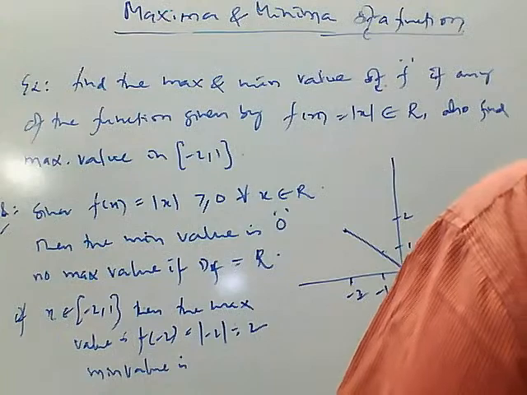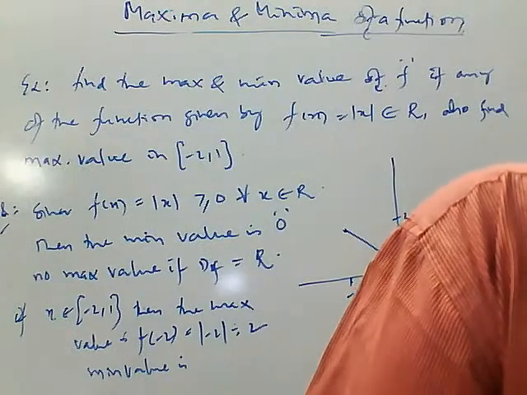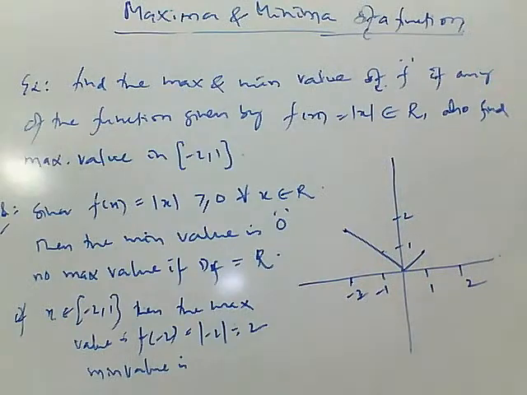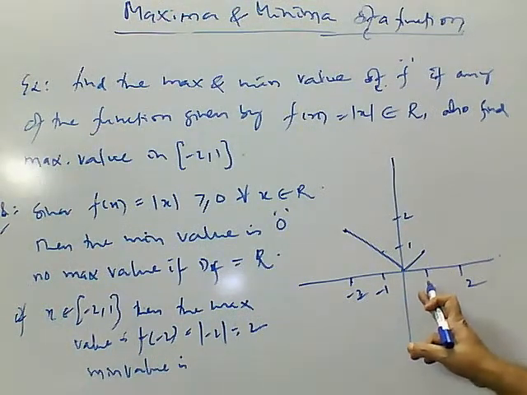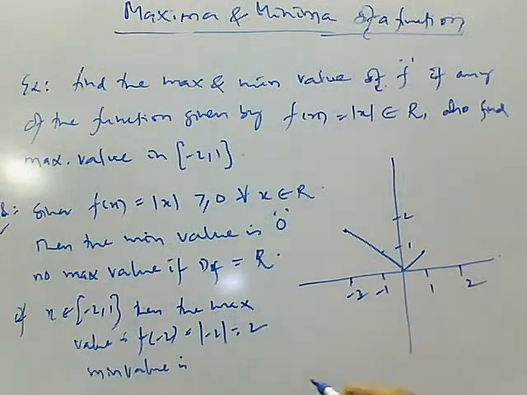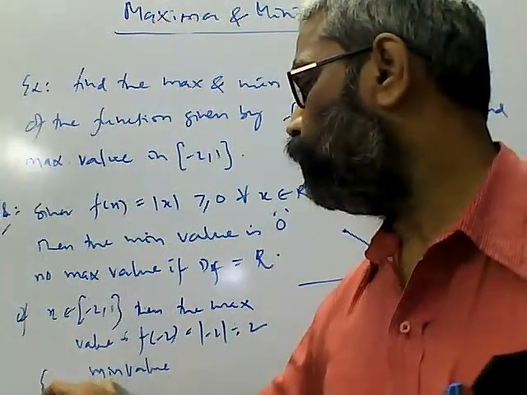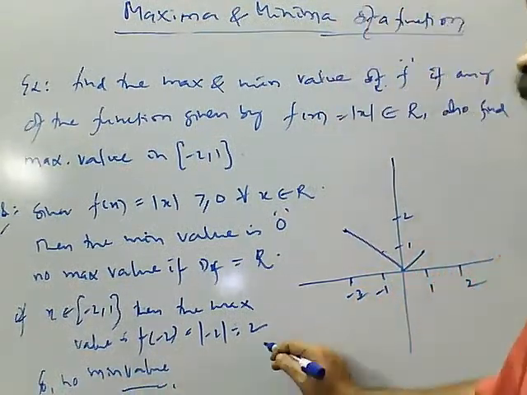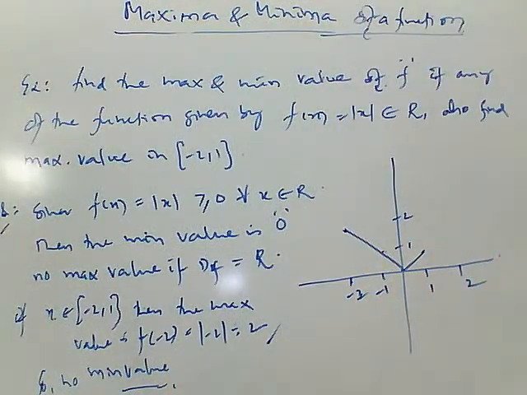You cannot take 1 as the minimum value, because between minus 2 and 1, 0 is also there. So between minus 2 to 1, 0 is also there, and we have no minimum value. Maximum value will be there.